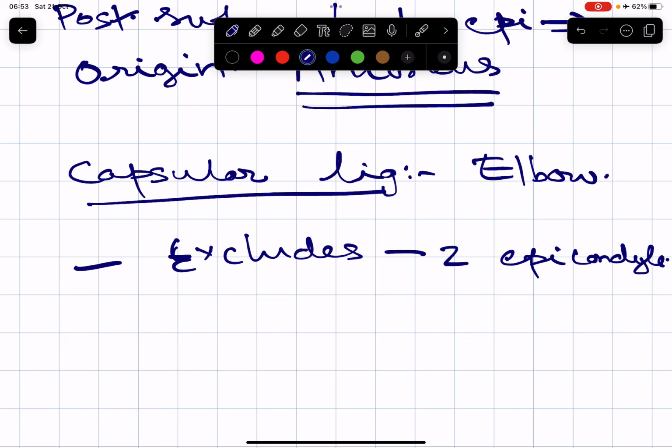So capsular ligament is attached in such a way that it excludes the medial and lateral epicondyles but includes the fossae, that is coronoid fossa, radial fossa, olecranon fossa within the capsule.